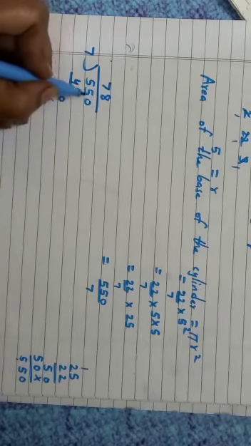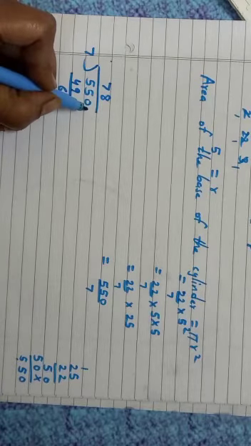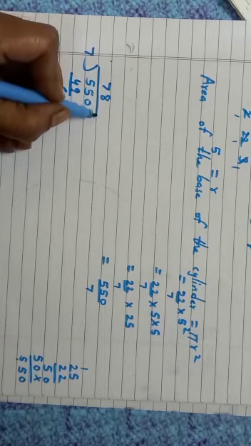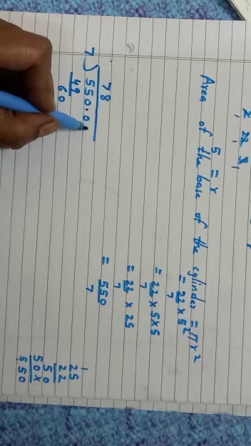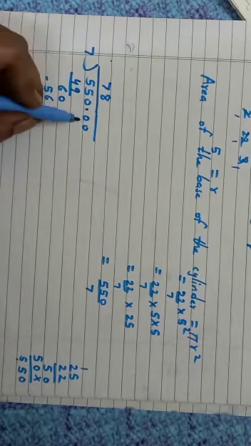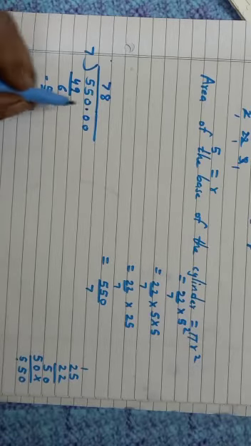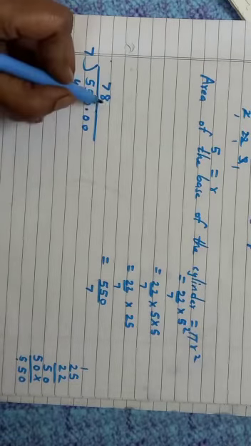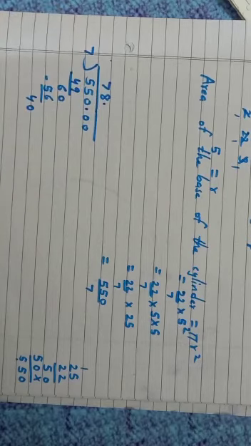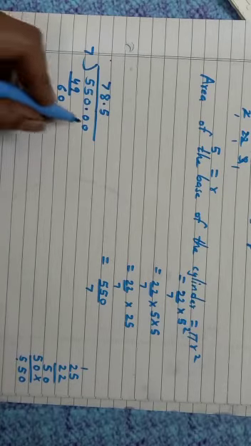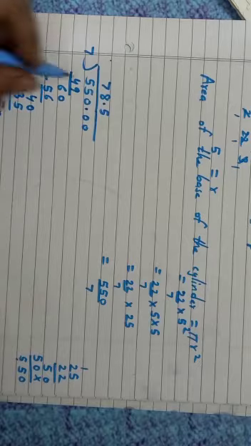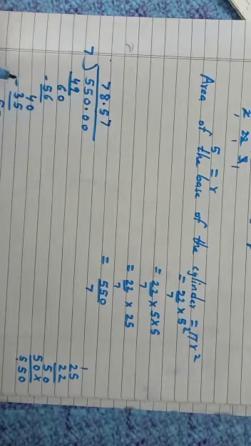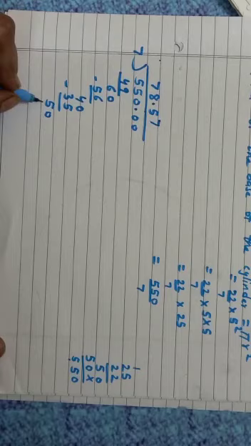After 550 you can put a decimal point and take as many zeros as you want. So take a 0 down, putting the decimal point. 7 fives are 35, 10 minus 5, 5. Now again take this 0 down. 7 sevens are 49.